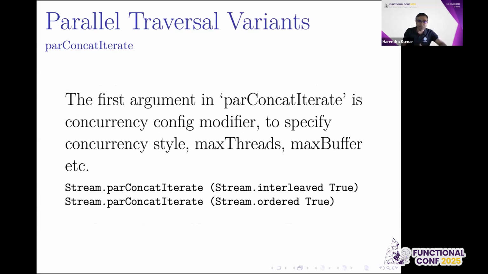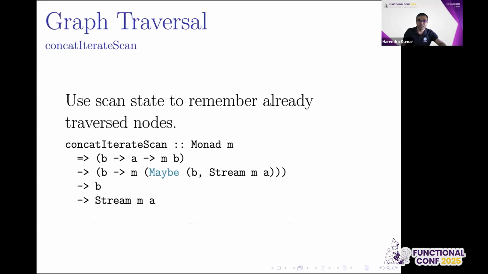Parallel also has different variants depending on the parallelization configuration, where you can give an ordered configuration, or interleaving of the streams, or a first come, first serve style. These are standard combinators in Streamly for merging parallel streams. You can also specify max threads or max buffer, etc. All concurrency parameters you can specify in that.